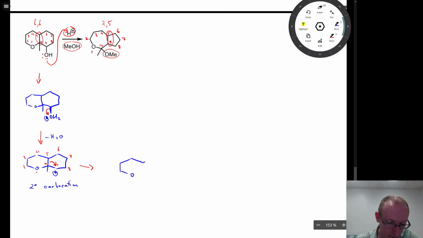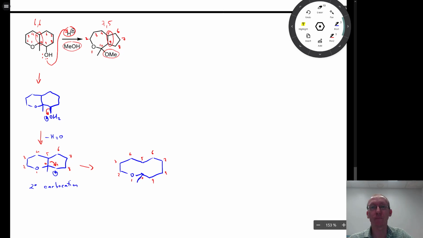I drew a bond in there briefly that had migrated, so I'm going to have to delete that. Okay, I'll put my numbers in. I'll just get that number out of the way actually: 9 there, and 10, and we have a methyl group attached to 10.